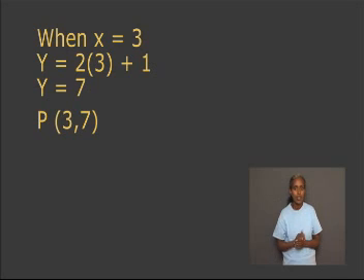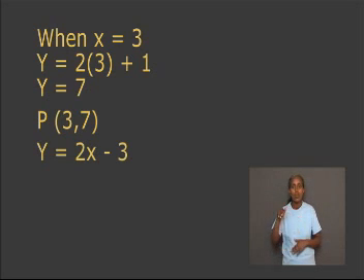Plot both points 0, 1 and 3, 7 and join them to get the graph of the line. A line parallel to this line will have the same slope, but a different y-intercept. For example, y equals 2x minus 3.